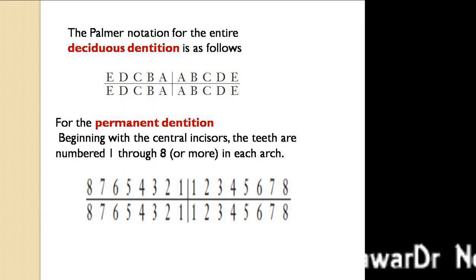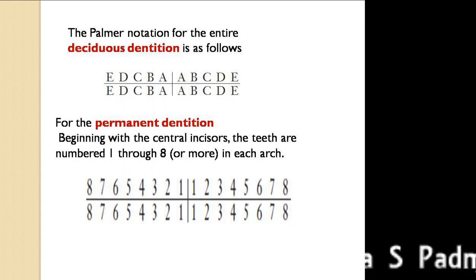In primary dentition, capital A, B, C, D, E is used for each tooth. A stands for central incisor, B for lateral incisor, C for canine, D for first molar, E for second molar. So when I am writing the letters on the left side of the arch, A in the maxillary left is the primary central incisor.